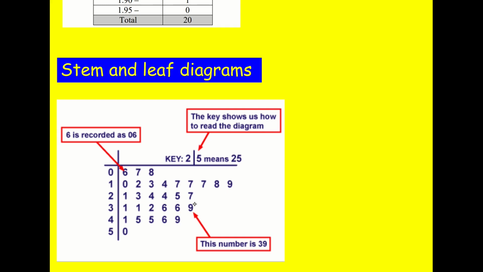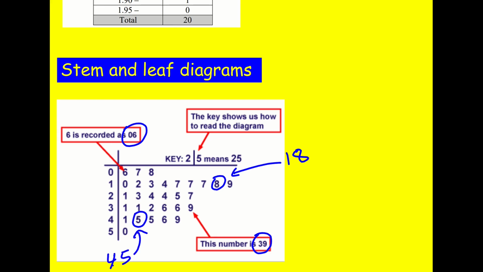This number here with the 9 goes with the 3, and it refers to 39, whereas this one refers to 06. So if I ask you a few questions, what will this number be? Okay, that number is going to be 18. And what about this one? That one's going to be 45.